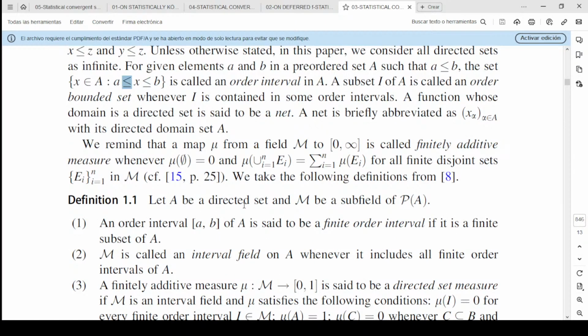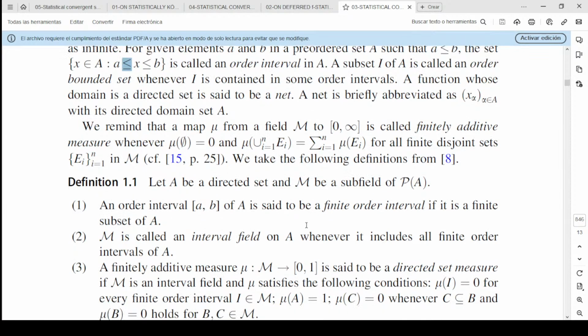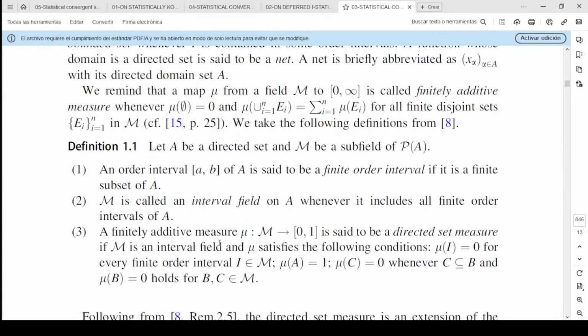So let A be a directed set and M be a subfield of P of A, which is the power set of A. An order interval ab of A is said to be a finite order interval if it is a finite subset. A couple of conditions are given here.